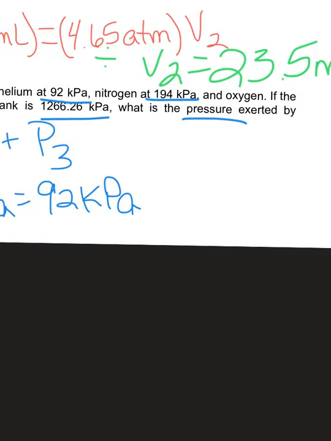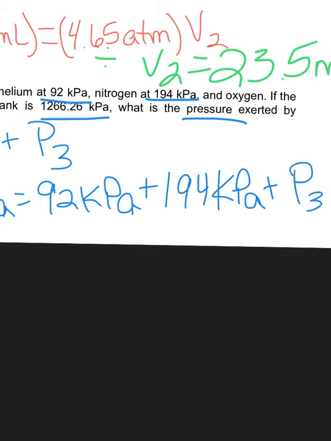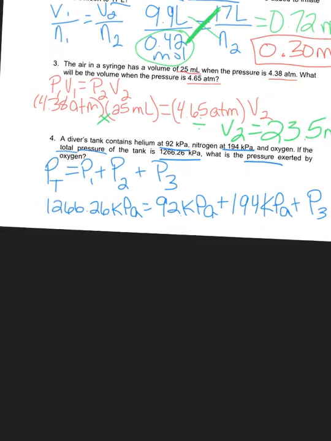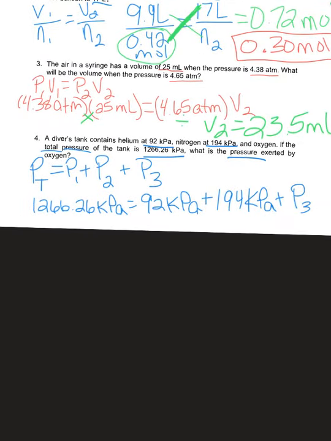And let's make nitrogen P2 simply because it's listed second. 194 kilopascals. And oxygen, that'll be our P3. If you don't know what oxygen is, that's what we need to figure out. Okay, so look at this. 1266.26 equals 92 plus 194 plus P3.